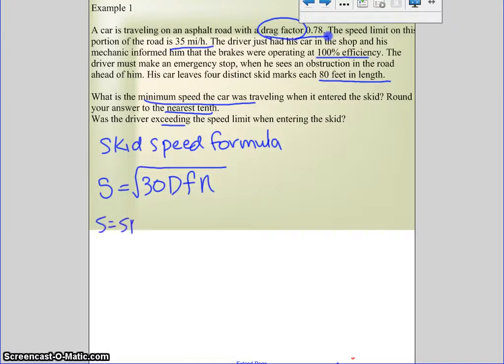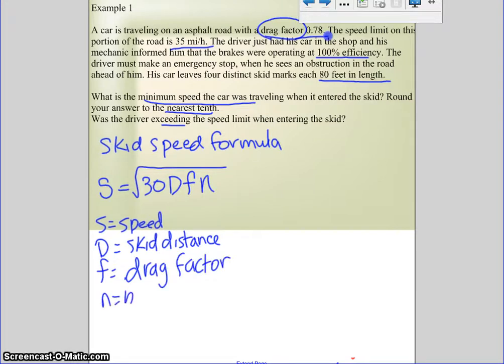S equals speed of the car. D equals the skid distance. F is my drag factor. Oh, I forgot drag. Let me go back. So F is, again, drag factor.